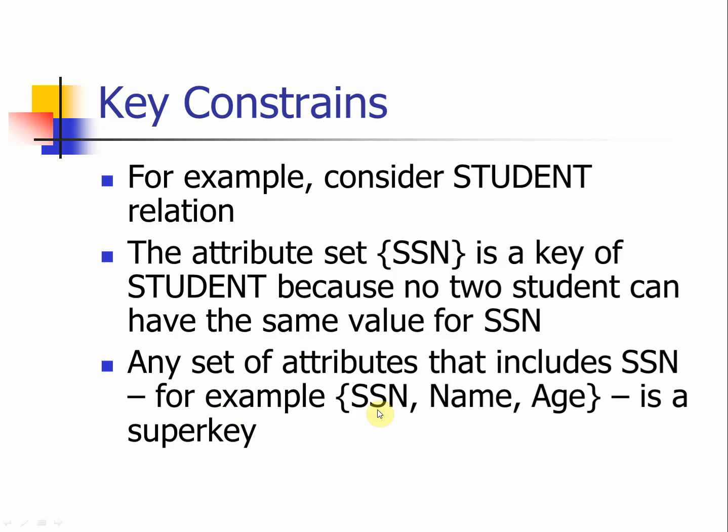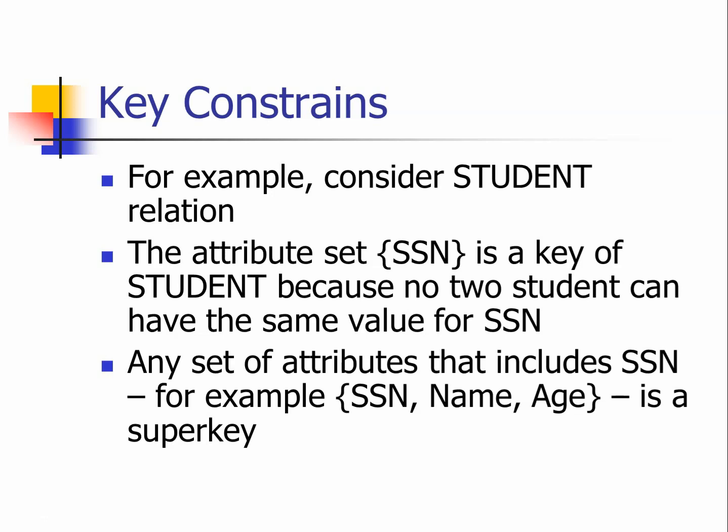Any combination that includes the social security number can be considered a superkey, for example, social security number plus name. In that case, social security number and name form a superkey to the student relation. But it is not minimum, because if we remove the name, we still get social security number as the superkey, and more importantly, the key.